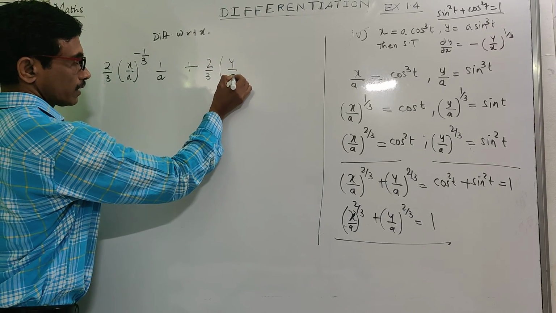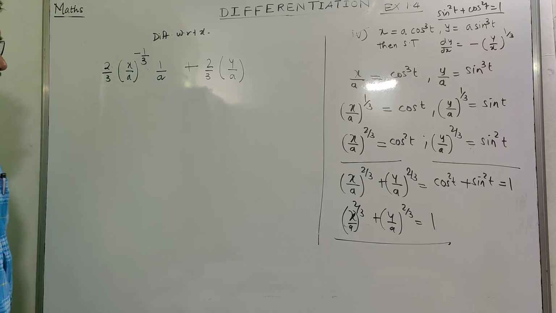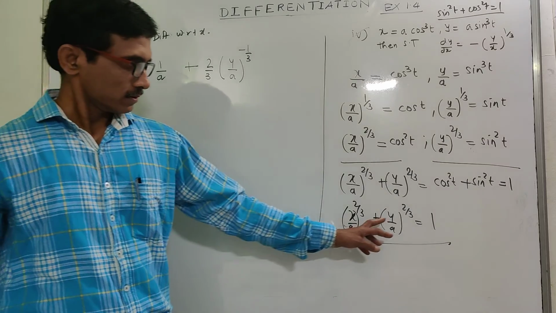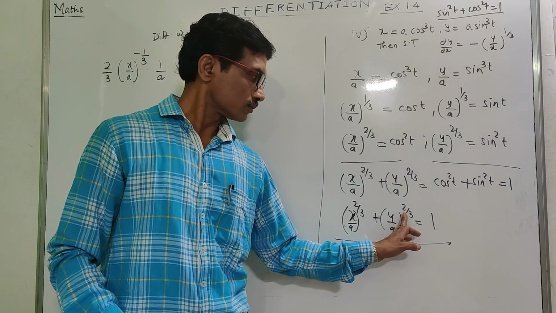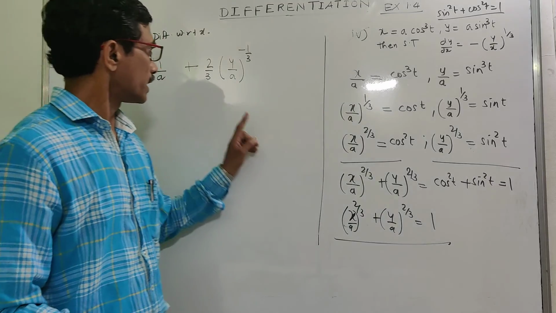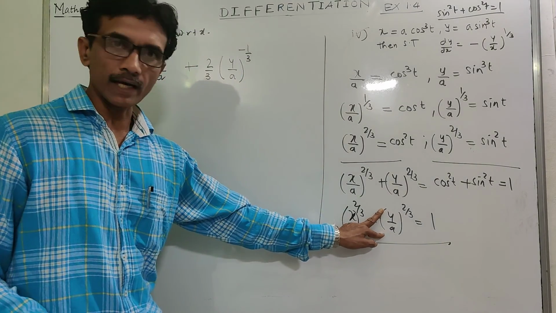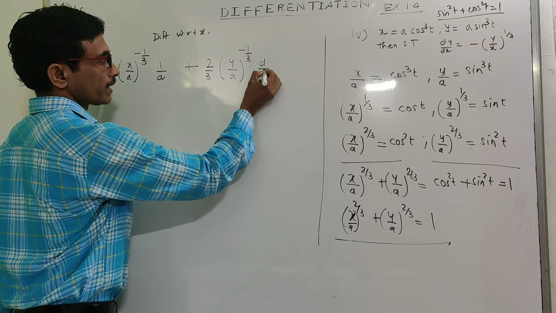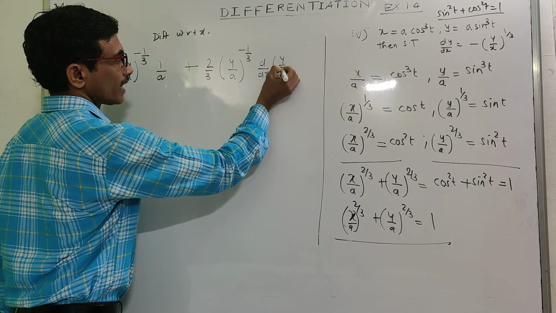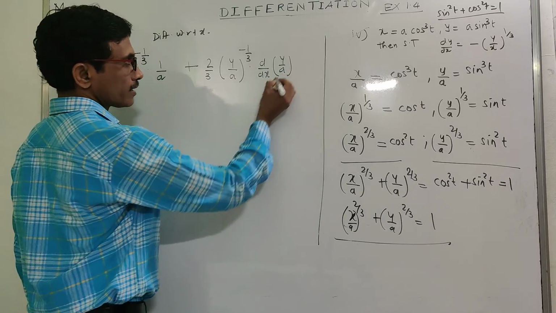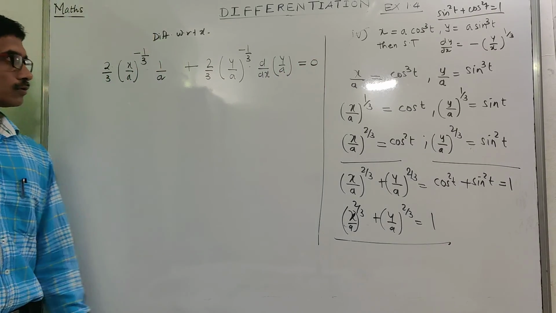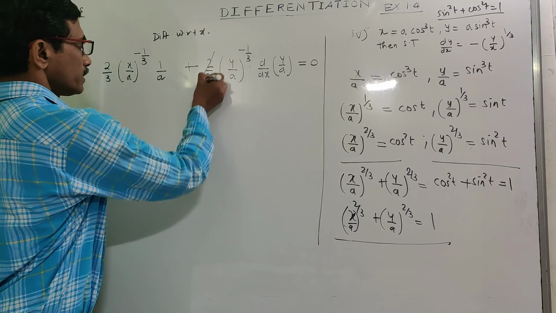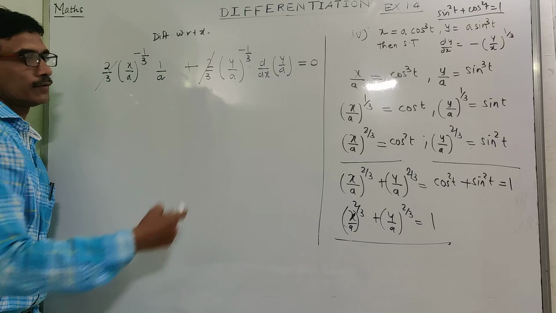y upon a raised to power minus 1 upon 3, same here: 2/3 into y upon a raised to power 2/3 minus 1, so that is minus 1 upon 3, and the derivative of y upon a with respect to x. The right hand side is constant, so its derivative will be 0. As the right hand side is 0, this 2/3 is getting cancelled, dividing by 2/3.